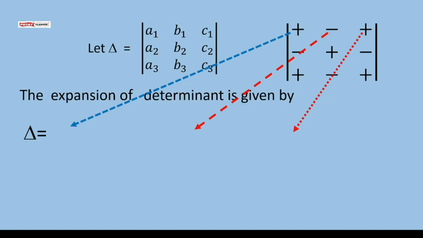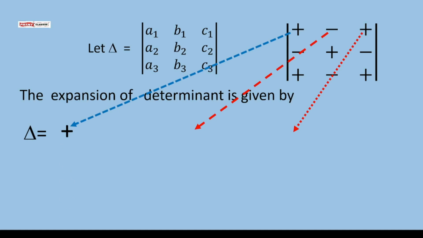Now we'll understand how to find the determinant of third order. The first row has three elements A1, B1 and C1, and the cofactor signs are plus, minus and plus.